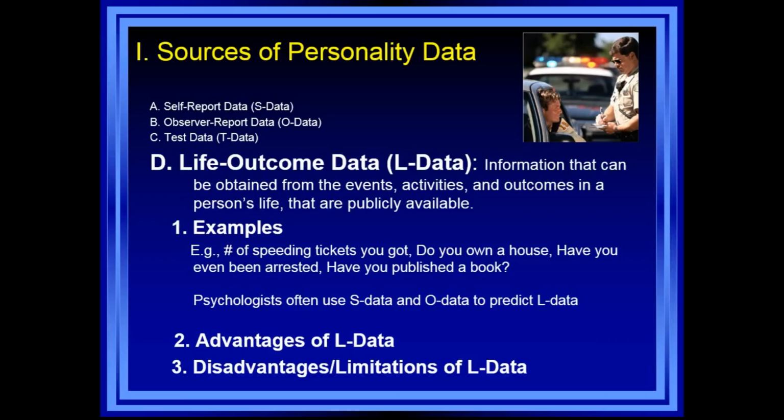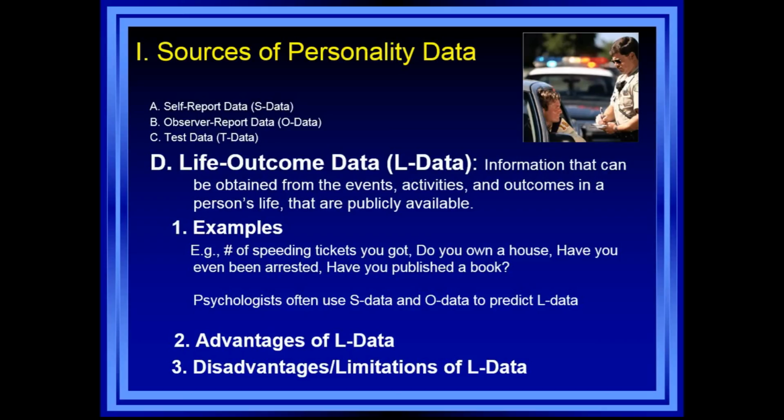If you get several or even 2 tickets in a short amount of time, they get very nervous, and they do things like up your premium for your car insurance, because what they're looking at is the life outcome data of getting speeding tickets, and they're predicting other life outcome data like the potential to have accidents, which cause them to have to spend money on you because they're your insurance company. To fix your car, to pay for medical expenses, to fix other people's cars. So they use that life outcome data and they change their behavior. They up your premium for your insurance.